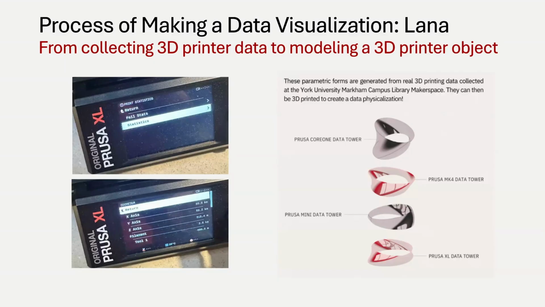So I collected all this data with the help of Makerspace coordinator, Jacob, who's already been collecting data from the printer. But what I did was I added more data to it by reading more details through the machine. And on the right-hand side, you will see the final result of my parametric 3D modeling. I generated these four data towers based on each model of 3D printer.